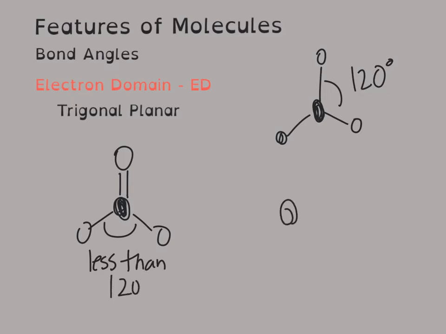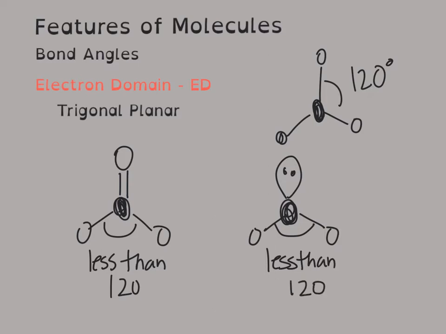Another effect you can see in trigonal planar is when you have a bent molecule, because you have lone pairs. The lone pairs will also cause this to become less than 120, because both of these take up more space and have more repulsive power. They have more electrons that are pushing on the remaining bonds with a bigger force, causing the remaining bonds to squeeze together.